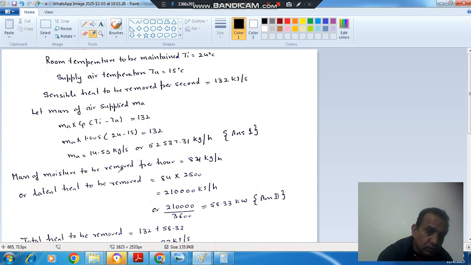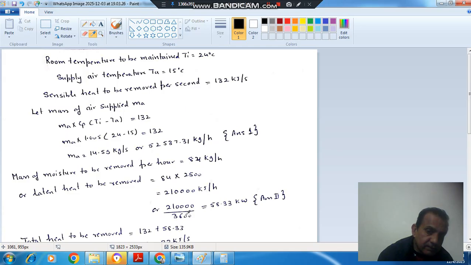So the mass of the moisture removed per hour is 84 kilogram per hour, and moisture carries latent heat. So latent heat in kilojoule per kilogram is 2500. So the latent heat to be removed is 84 into 2500, so that is 210,000 kilojoule per hour.